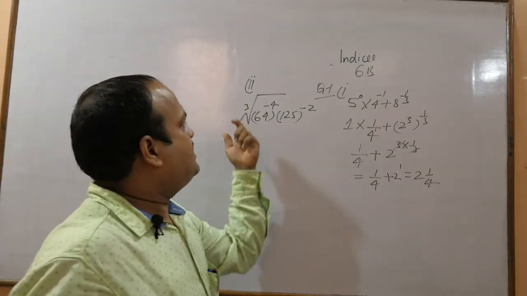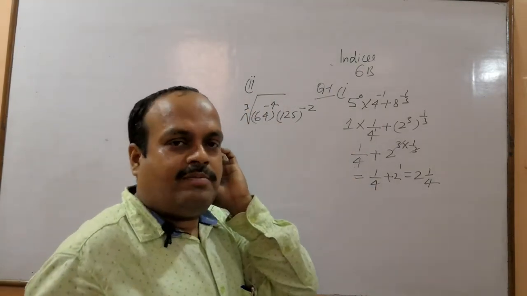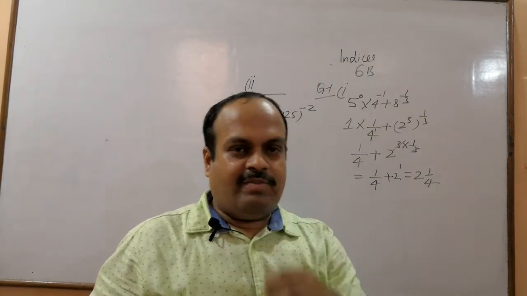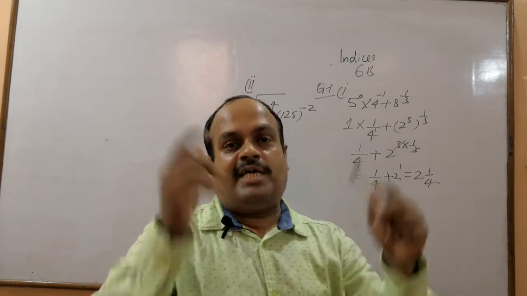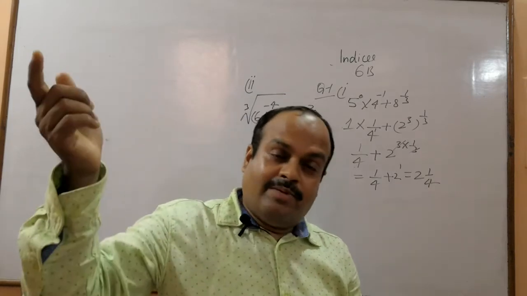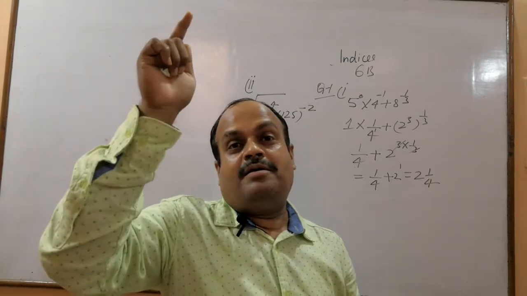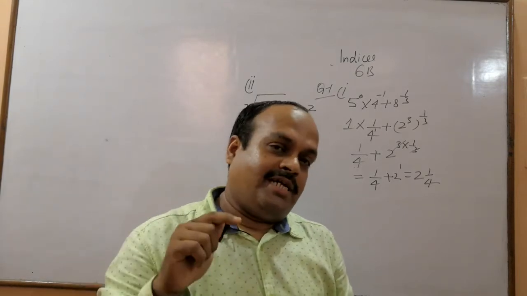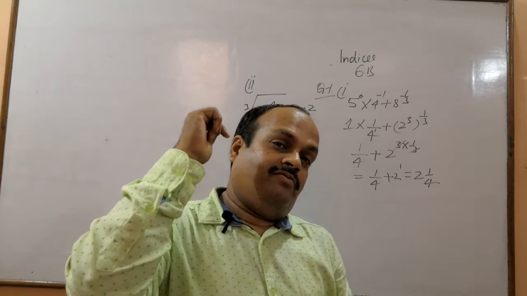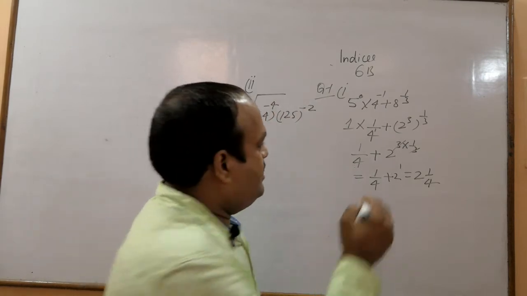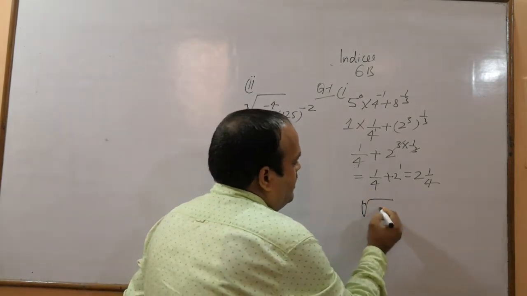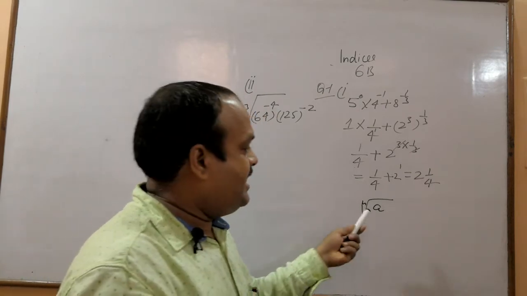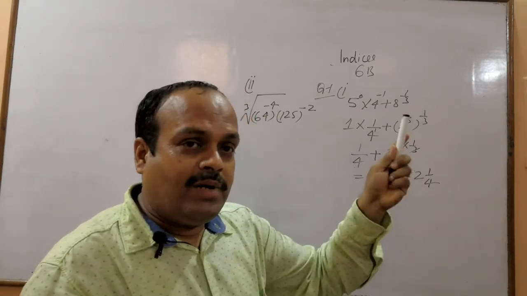I hope you know that this cube root symbol can exponentially be written as base to the power 1 by 3. I mean, if you have cube root a, it can exponentially be written as a to the power 1 by 3. If you have square root a, that can be written as a to the power 1 by 2. If you have nth root a, it can be written exponentially as a to the power 1 by n.